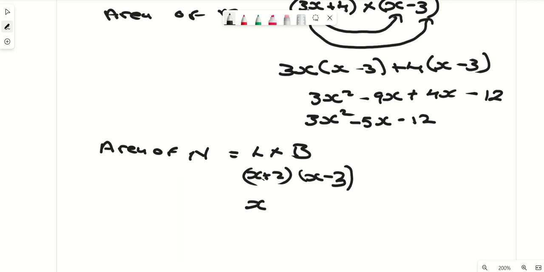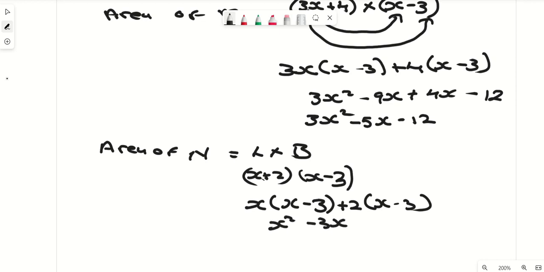So it's going to be x by everything in the second bracket, and then plus 2 by everything in the second bracket. So x by x is x squared, x by minus 3 is minus 3x, 2 by x is 2x. I'll show you guys the brackets just now.